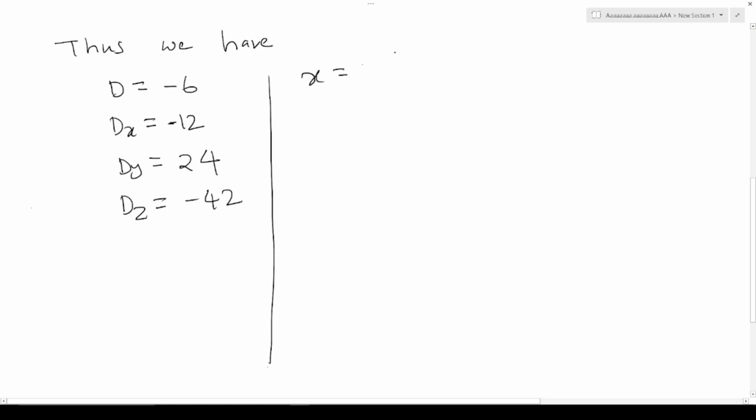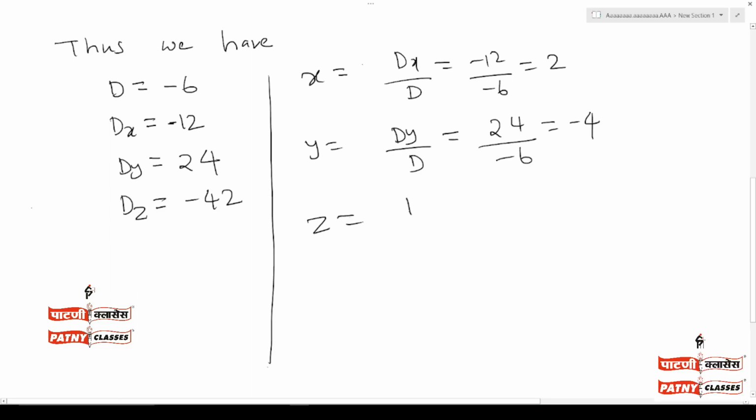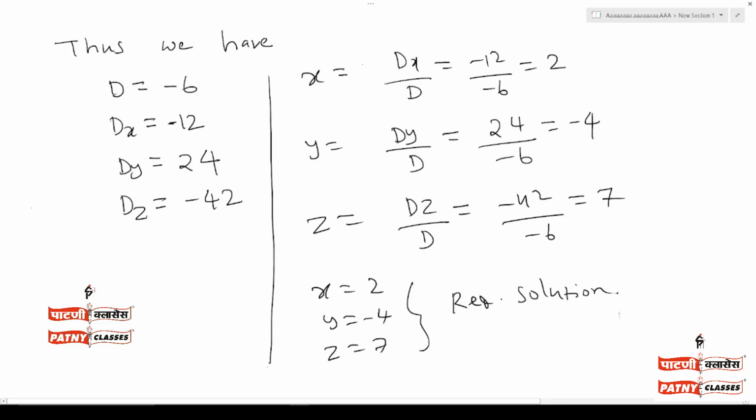Thus x equals dx upon d equals minus 12 upon minus 6 equals 2, y equals dy upon d equals 24 upon minus 6 equals minus 4, z equals dz upon d equals minus 42 upon minus 6 equals 7. Therefore x equals 2, y equals minus 4, z equals 7 is the required solution.